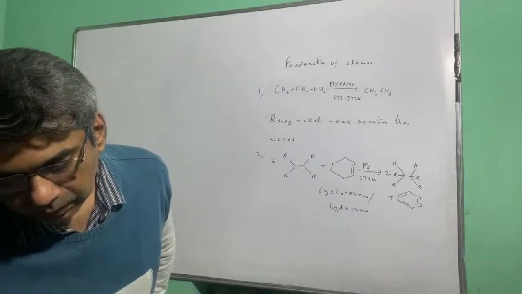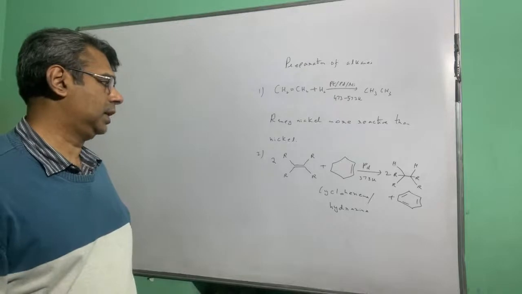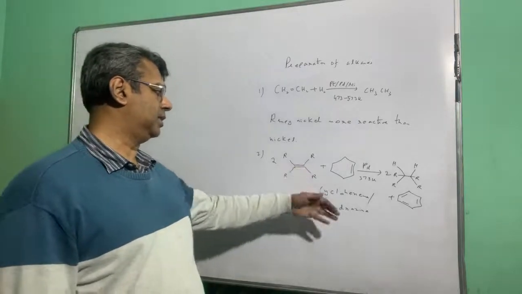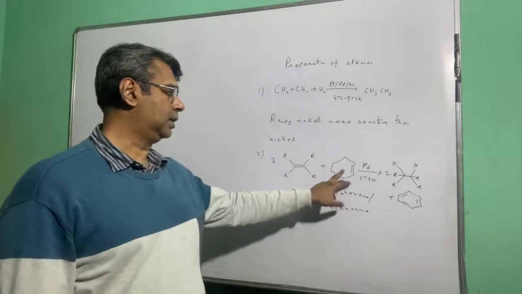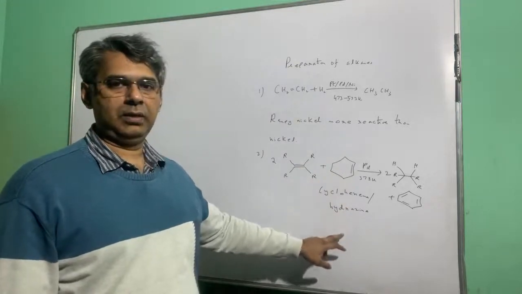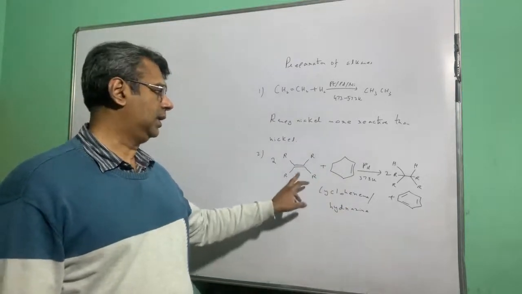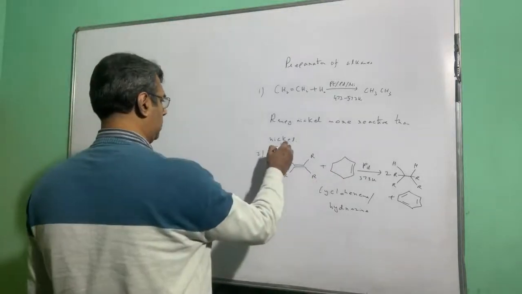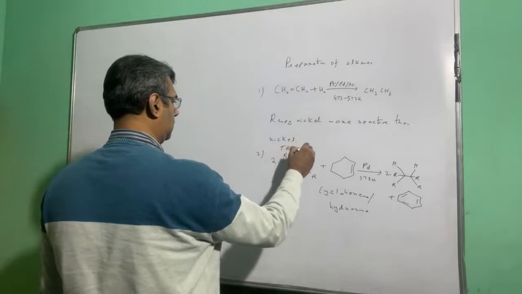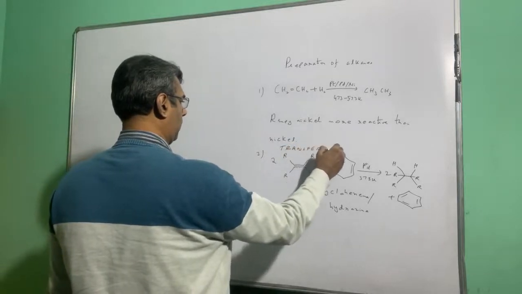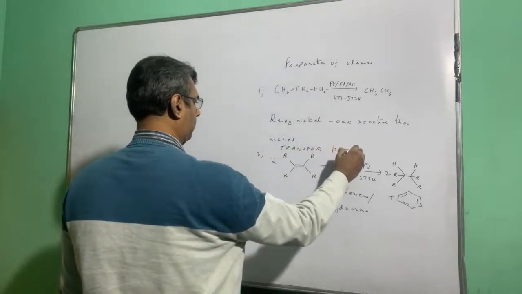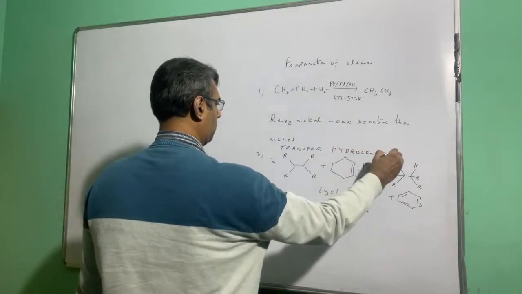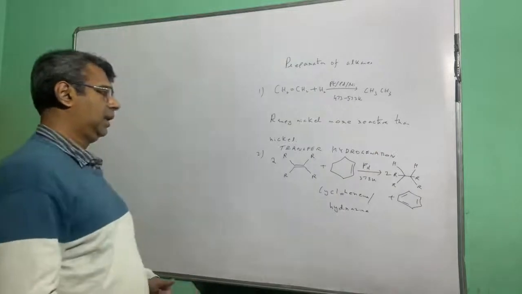In this, actually what is happening is that the alkene is receiving hydrogen from this compound, which is either cyclohexene or hydrazine. So this reaction is also called transfer hydrogenation.